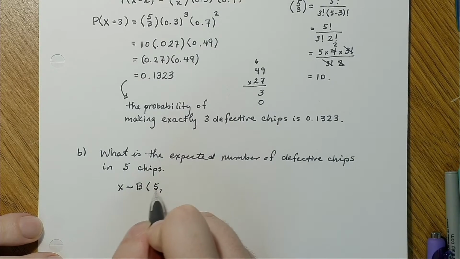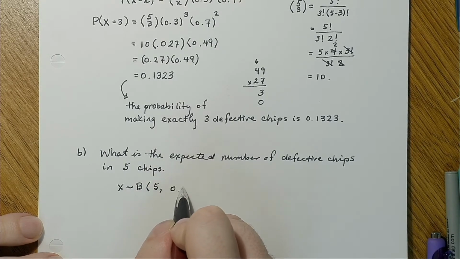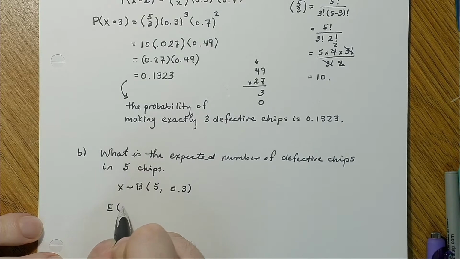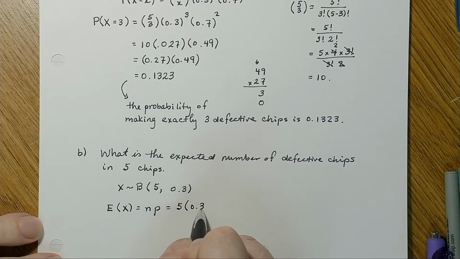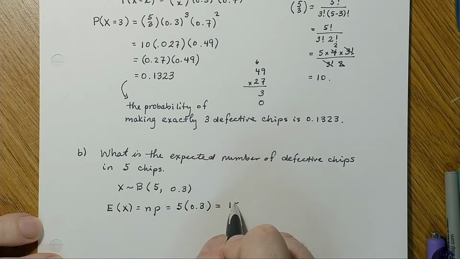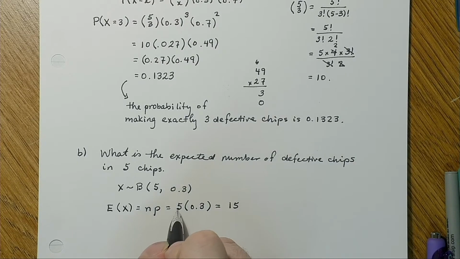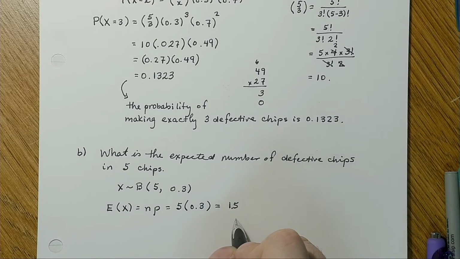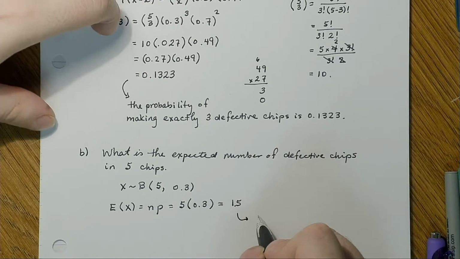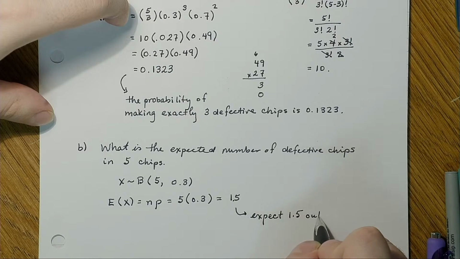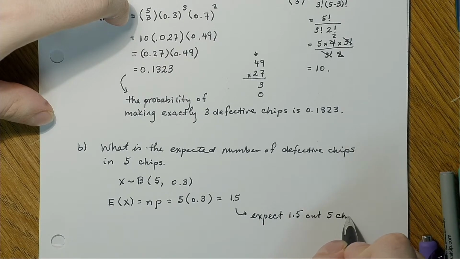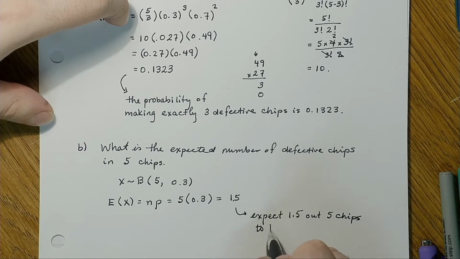There's 5 chips or 5 trials, and the defectiveness is 0.3. So we have an expected value of 5 times 0.3. I was about to say 15, but 5 times 3 is 15, and I move the decimal place by 1, so that gives me 1.5. So we expect 1.5 out of 5 chips to be defective.